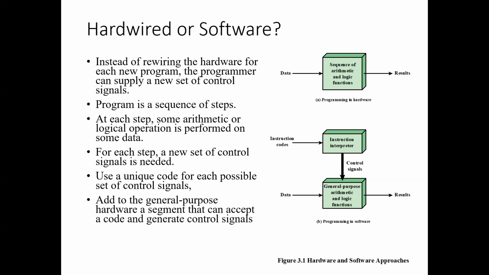And then we add to the general purpose hardware a segment that can accept code and generate control signals. That is a control unit or instruction interpreter that interprets those codes and then allows us to perform the general arithmetic and logic functions, which is what we're doing when we're programming in software.